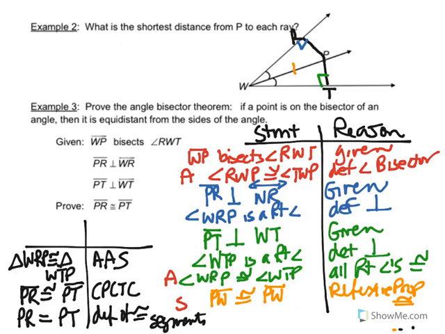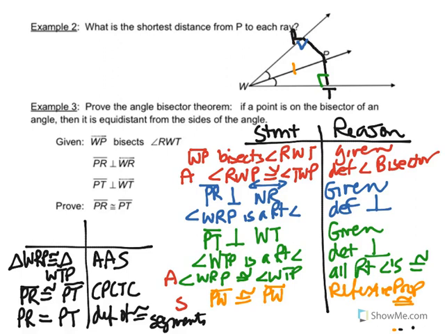Good? So there we've proved it. When you have an angle that's been bisected and you pick a point on it, it's going to be equidistant from the rays of the angle, or equidistant from the sides of the angle, I guess I should say.